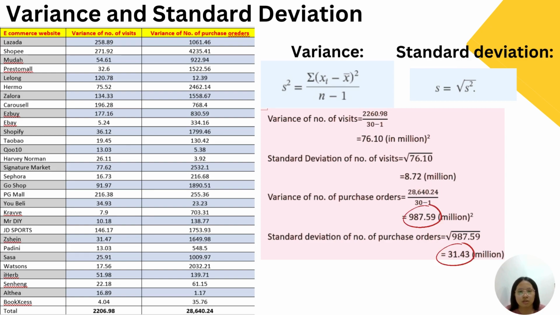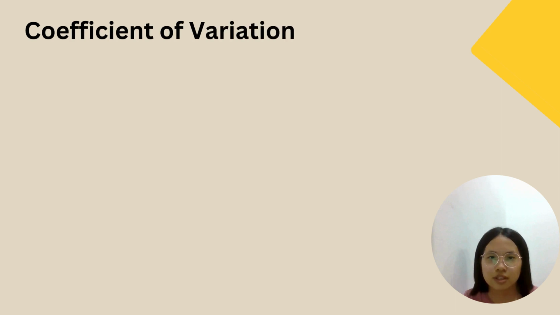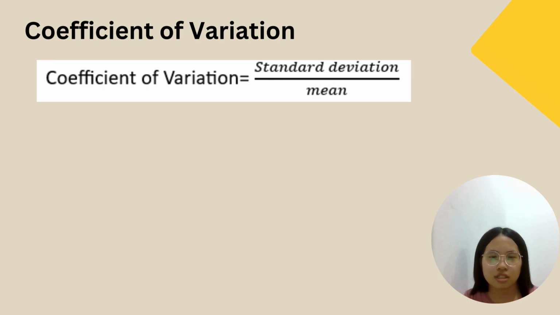Based on the measures so far, we can conclude that the number of visits is less dispersed than the number of purchase orders. With financial data, standard deviation tends to be the most common measure of risk. Therefore, the investment risk of the number of visits is lower than that of the number of purchase orders over these 30 e-commerce websites.